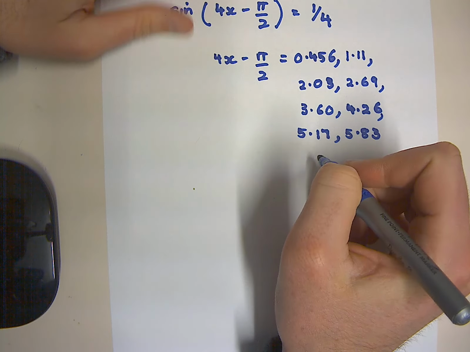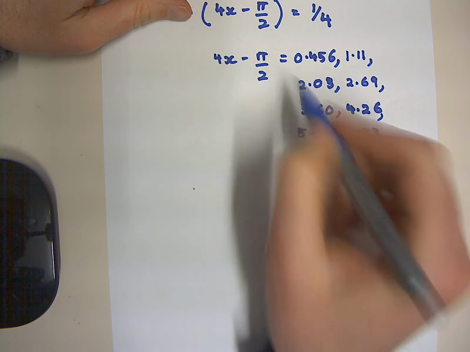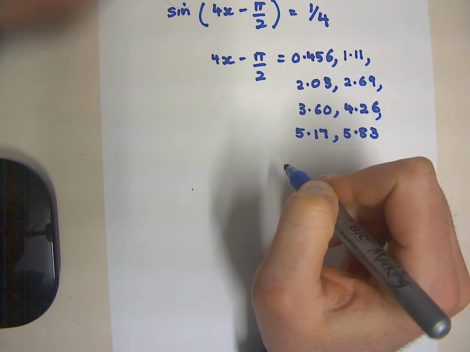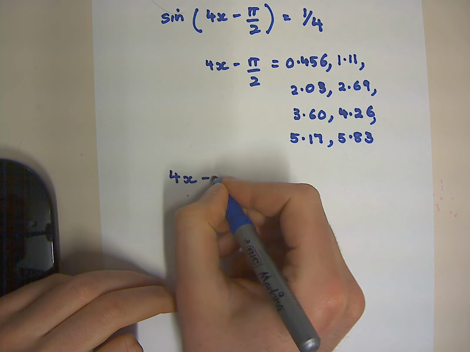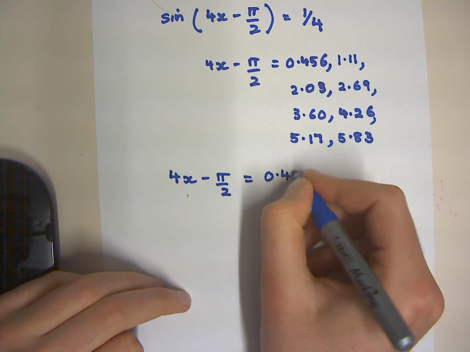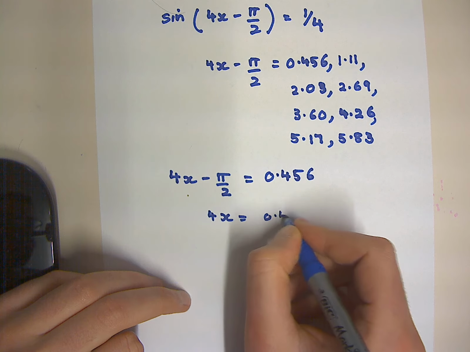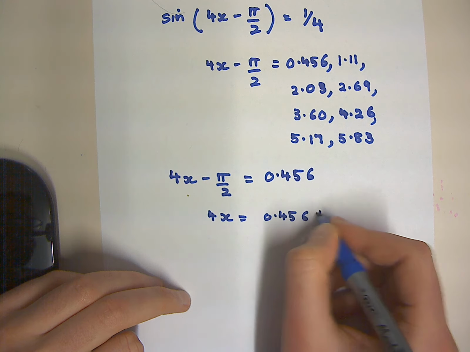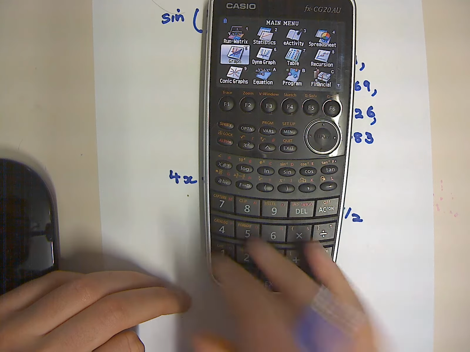But then you're going to have to go through and add π/2 to each of these answers and divide each of them by 4. If I was to do one of those, 4x take π/2 is just one solution, and that equals 0.456. So 4x will be 0.456 plus π/2.